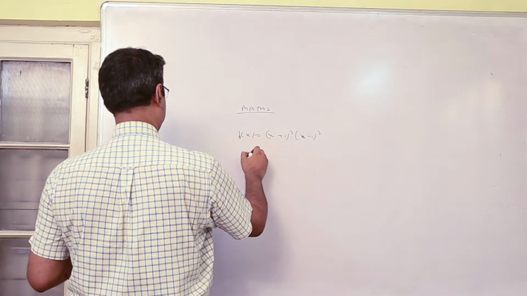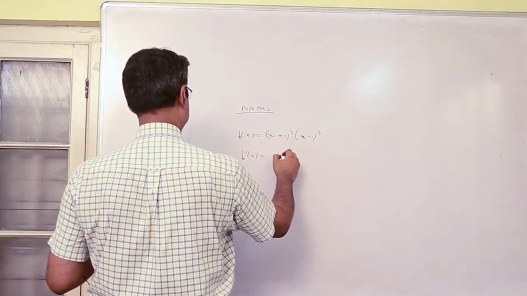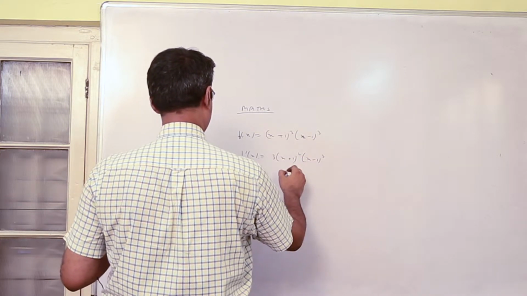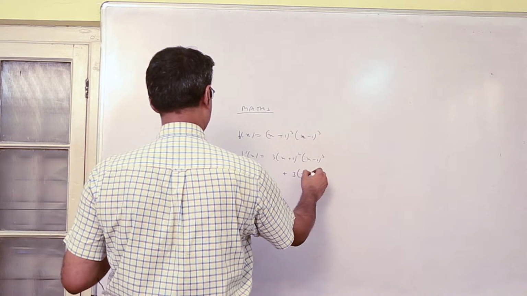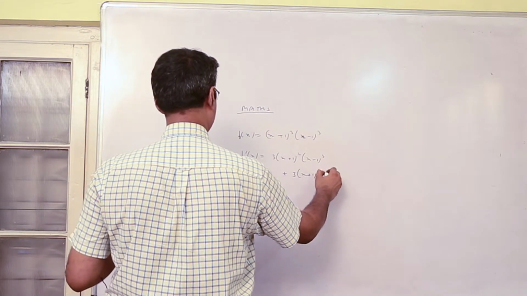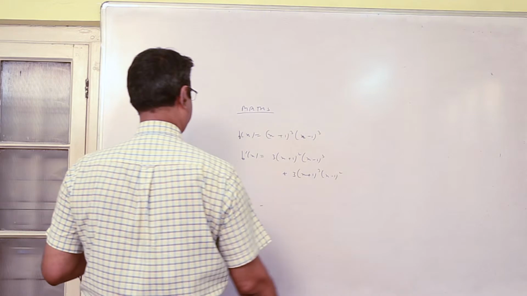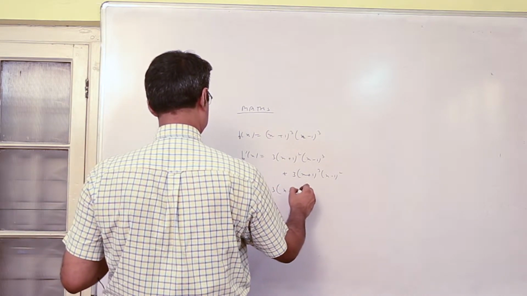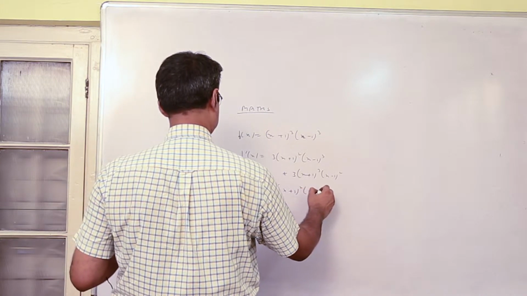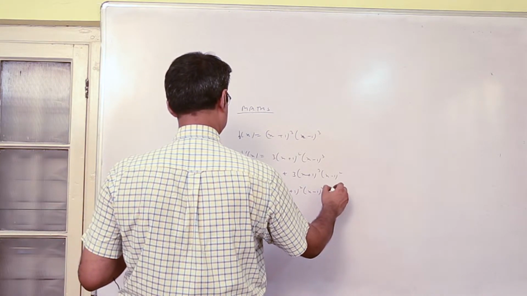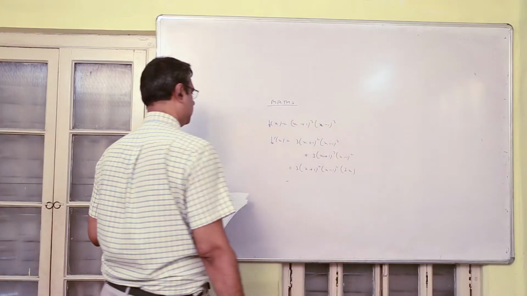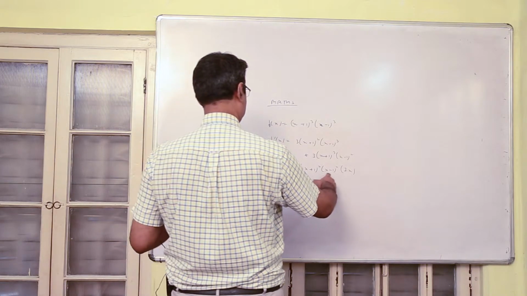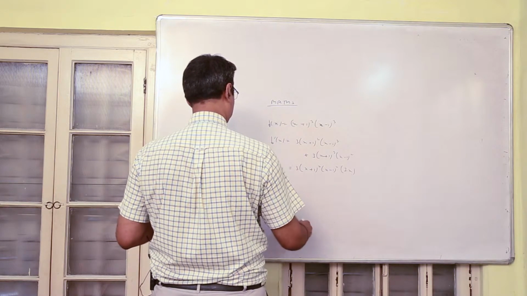So if you differentiate this, the differentiation answer will be 3 into (x plus 1) whole square into (x minus 1) whole square into 2x.